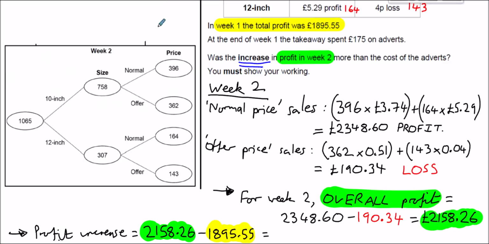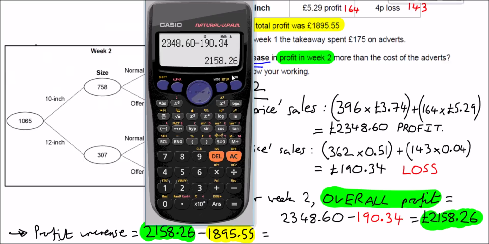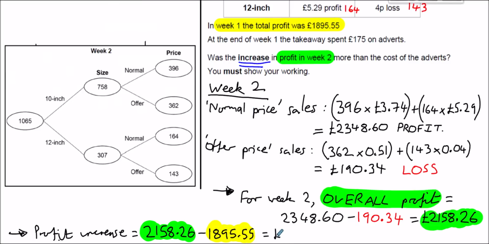And so if we just compute these now on the calculator, £2,158.26 minus £1,895.55, we get £262.71. So the increase in profit was £262.71.